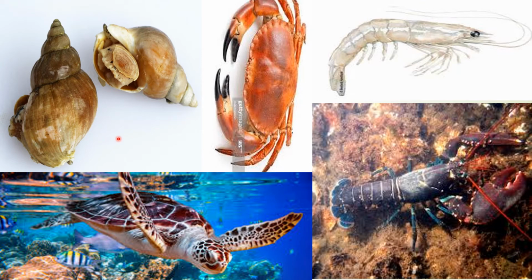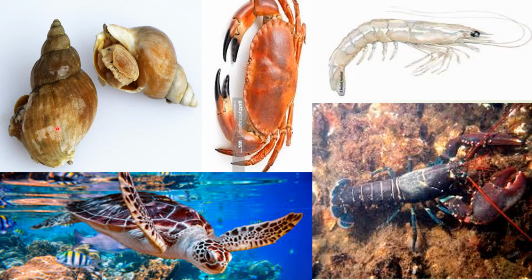Good. And then we have the crab. We have the shrimp. We have the lobster. And then we have the sea turtle. Now, all these animals are covered in a shell, and the shell is a hard cover that they hide in to protect themselves from other animals that would like to eat them up.